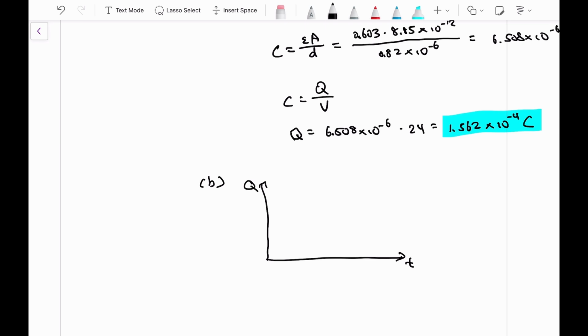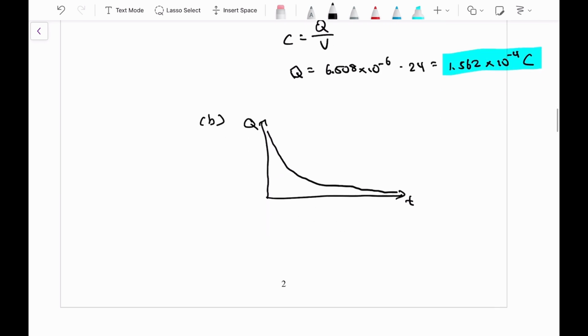In this case, the graph will look something like this. It will gradually decrease like this, and the equation for it is that Q is equal to Q0 times e to the power of minus t over RC.